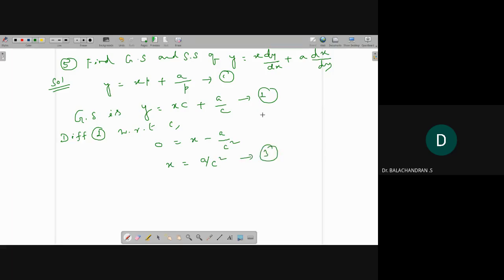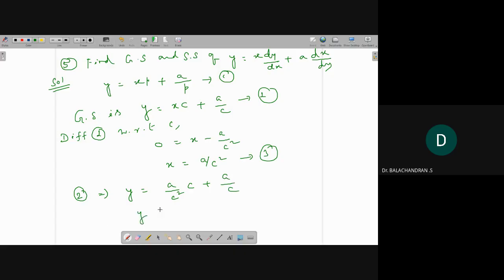We need to eliminate c from 2 and 3. So first I am going to substitute x value here in 2. So equation 2 implies y equal to x, which is a by c square, into c plus a by c.